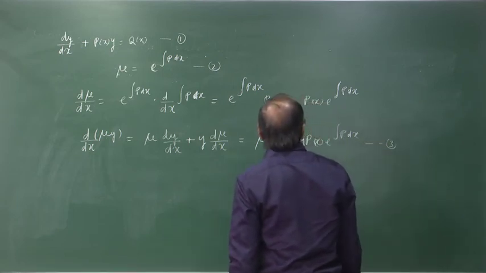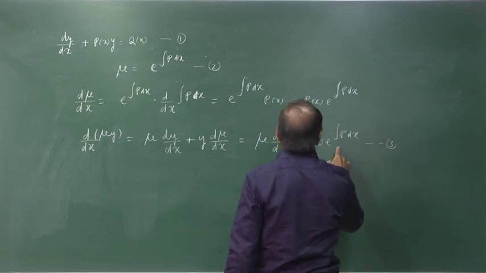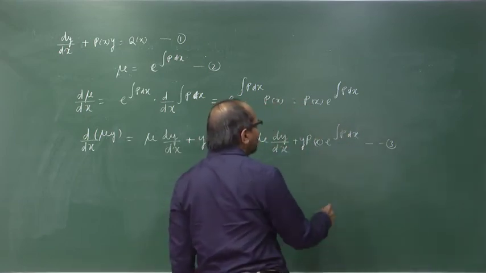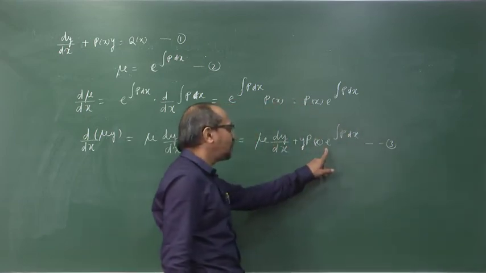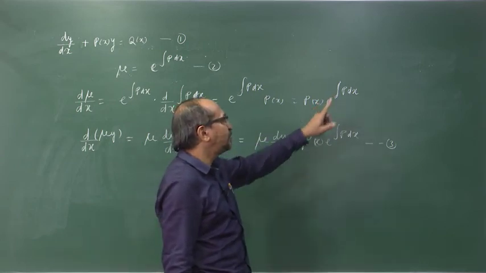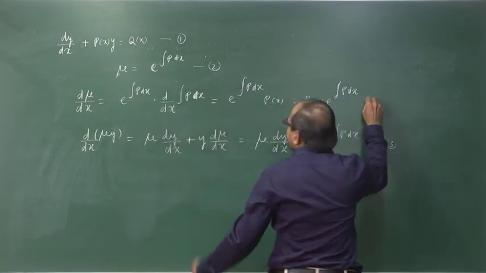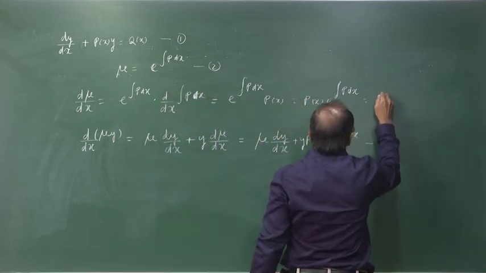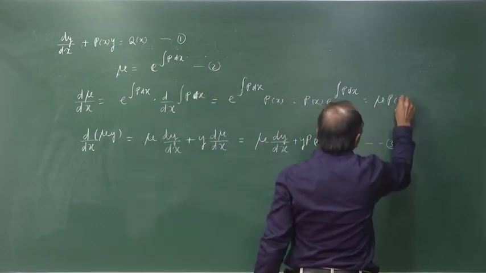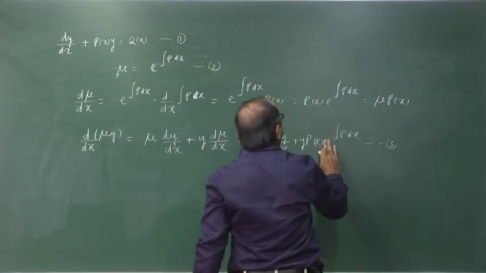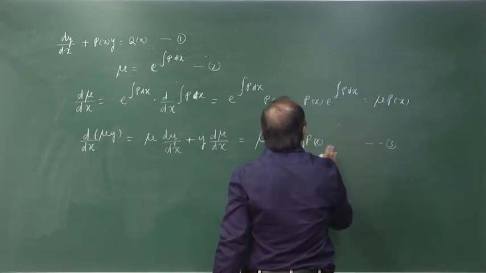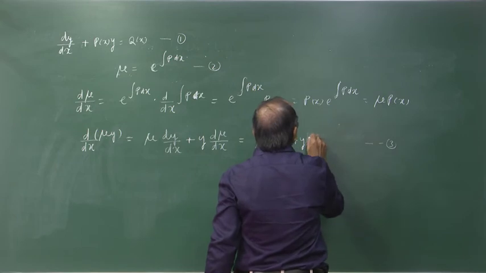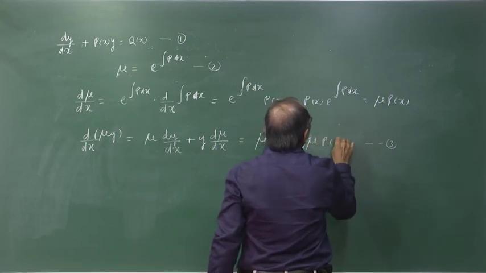And this e to the power of the integral of p dx is what? According to equation 2, it is μ. So it is actually nothing but μ times p(x). So you can write it as y times μ times p(x).